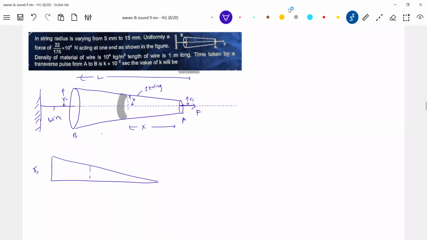This is R2 minus R1. This is R minus R1, and this is x. This total length is L. Call this theta. So tan theta will be R2 minus R1 by L, equal to R minus R1 by x. I think you are very familiar.